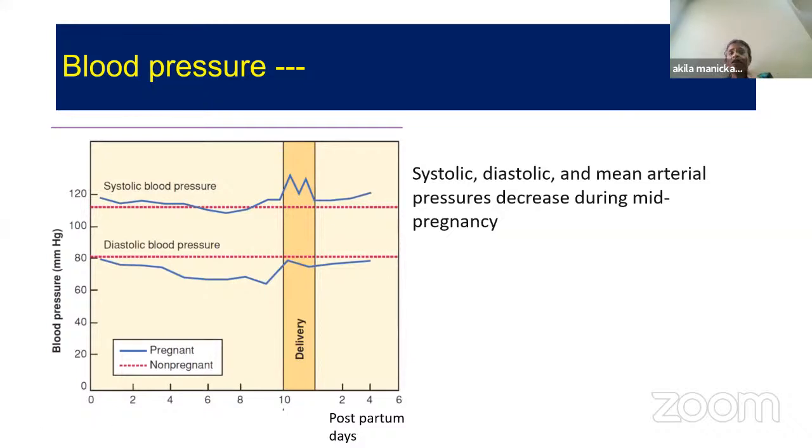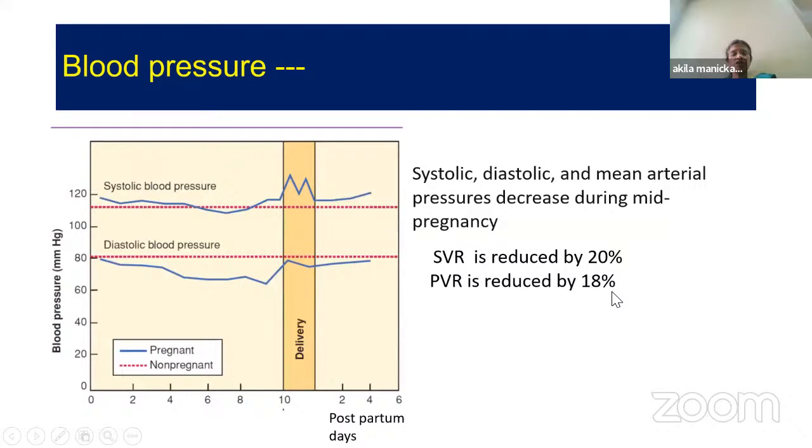That is because of the decrease in your systemic vascular resistance and pulmonary vascular resistance, and this is majorly because of the hormonal effects which occur during pregnancy. Now the SVR is reduced by 20%, whereas your peripheral vascular resistance is reduced by 18%.